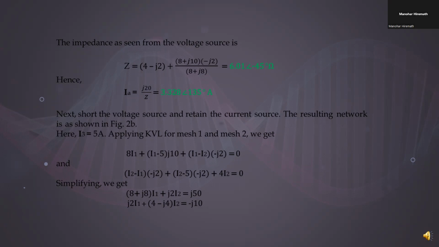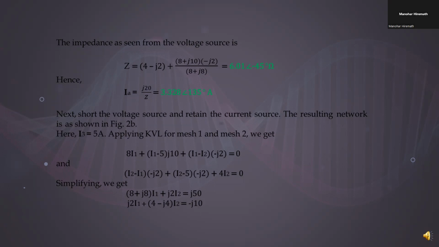As observed in the figure, IA equals j20 by Z, which equals 3.328 angle of 135 degree ampere. Next, short the voltage source and retain the current source. The resulting network is as shown in figure 2.b. Here I3 equals 5 ampere. Applying KVL for mesh 1 and mesh 2, we get 8 I1 plus (I1 minus 5) into j10 plus (I1 minus I2) of minus j2 equals 0.